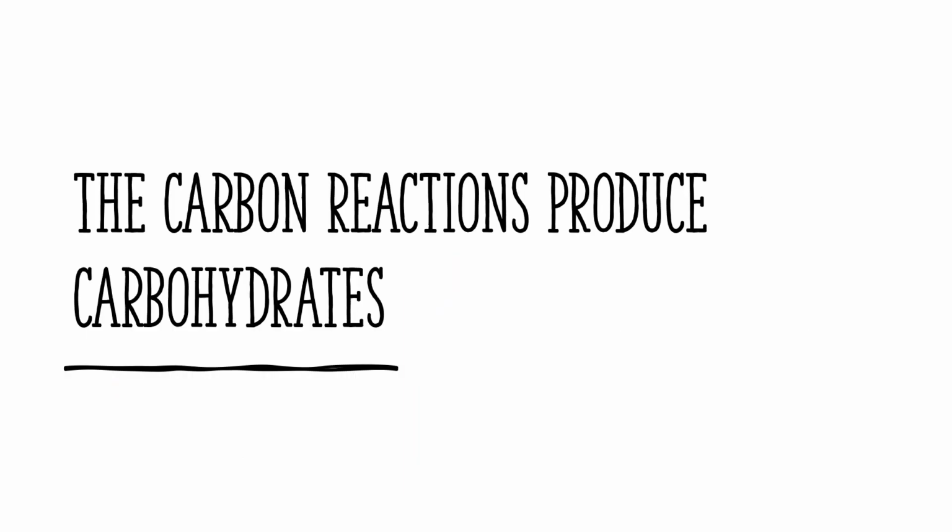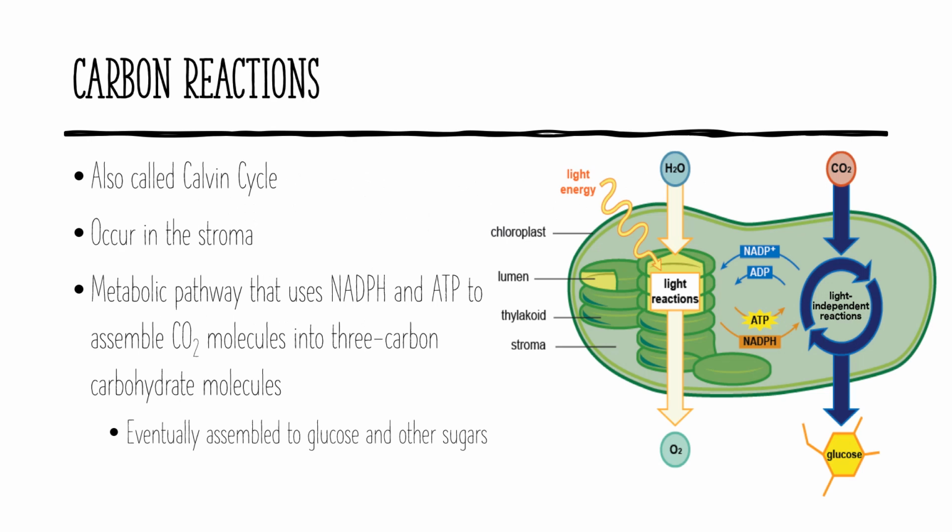Next, we have the carbon reactions that produce carbohydrates. Now, the carbon reactions are also called the Calvin cycle, and it occurs in the stroma. The Calvin cycle is the metabolic pathway that uses NADPH and ATP to assemble carbon dioxide molecules into 3-carbon carbohydrate molecules.